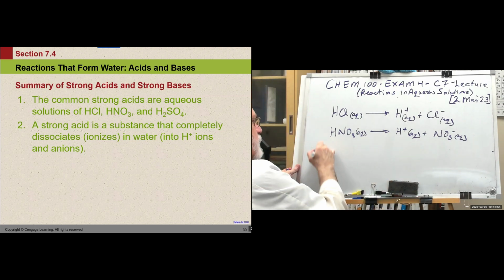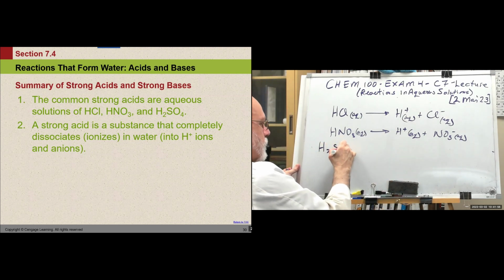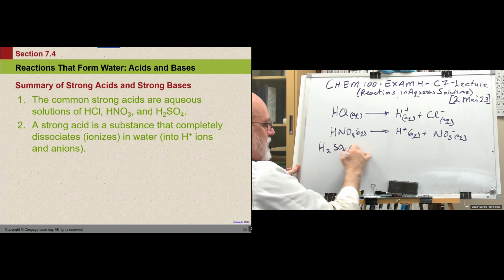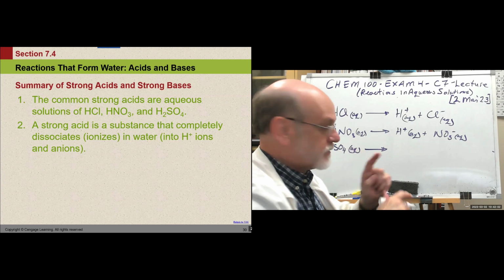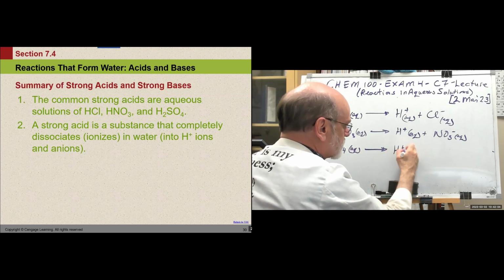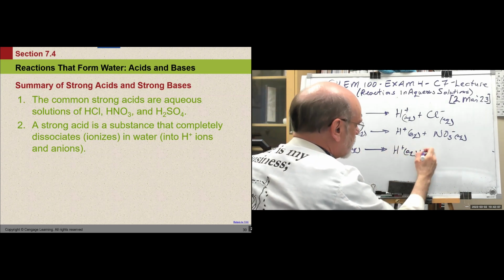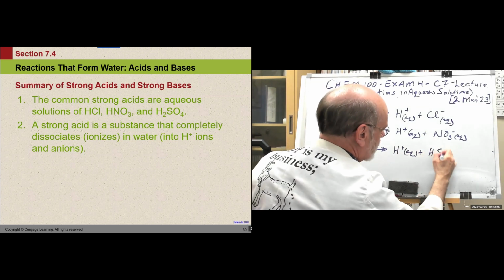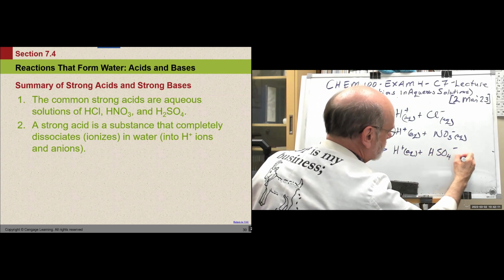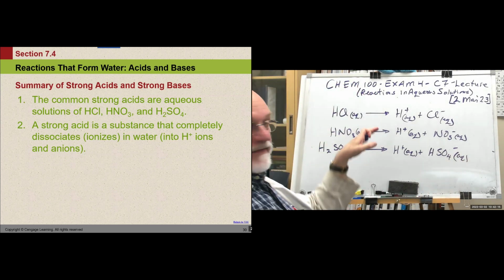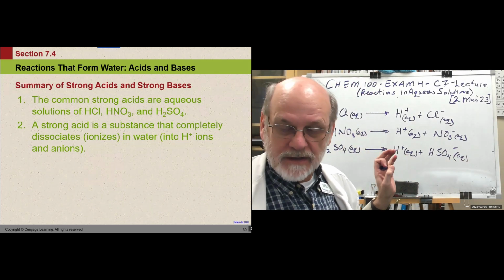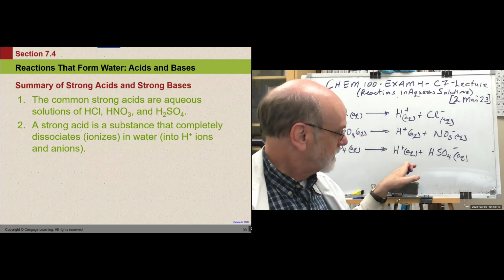So what happens with sulfuric acid is it's a strong acid for the first hydrogen. It produces one hydrogen plus this anion. Okay?